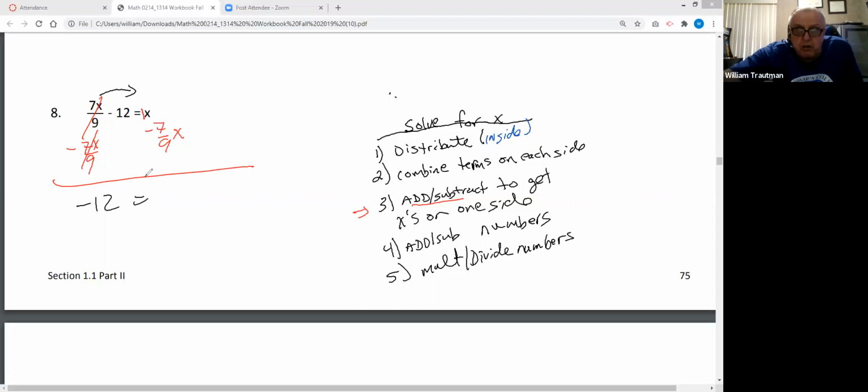And on your calculator, you have to do 1 minus fraction 7 over 9. And you get a positive 2 over 9x. Right? So this is 1x minus 7/9x. I'm not putting the x's in the calculator, just the 1 minus 7/9, and we get 2/9.